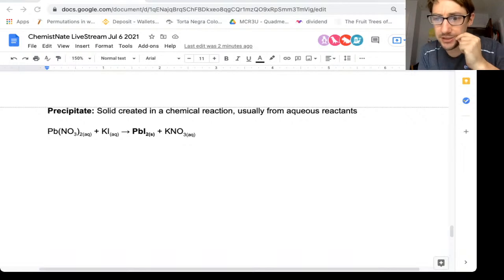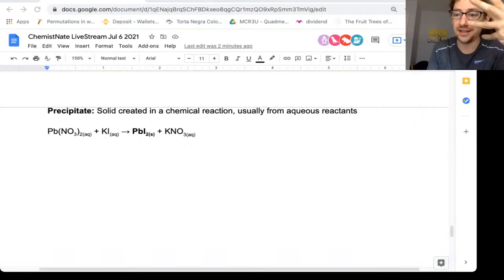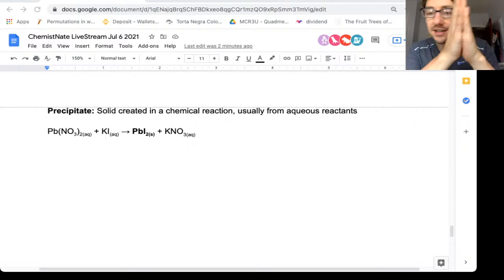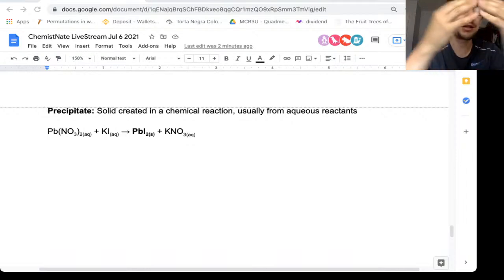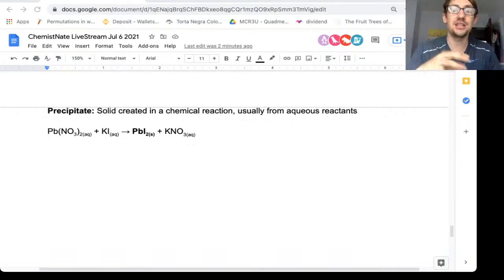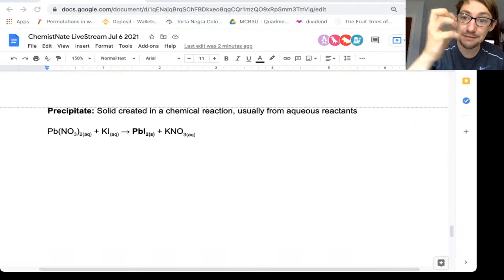I need help understanding what Gibbs free energy means. Okay, I'm not gonna lie to you. I got through my entire chemistry degree simply believing that Gibbs free energy is something that scientists made up.